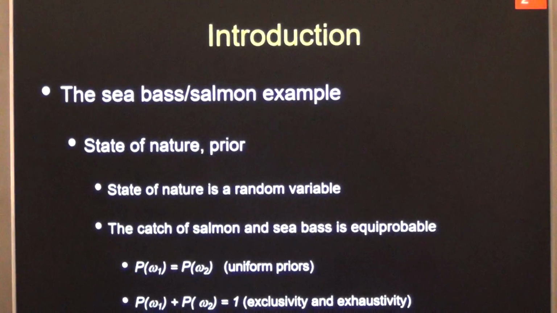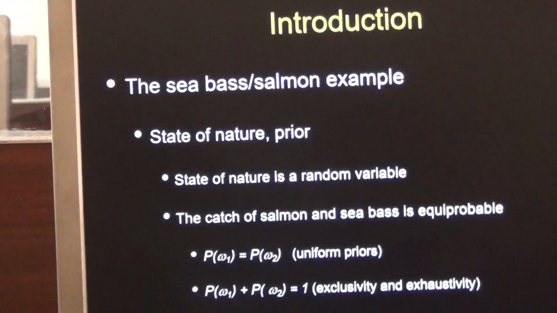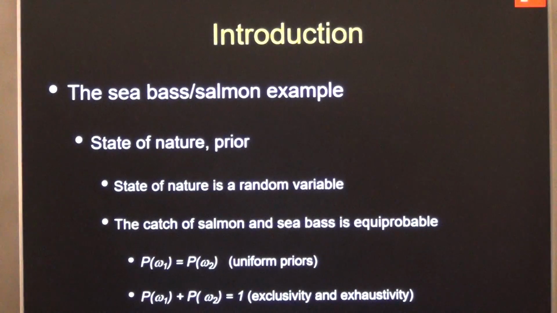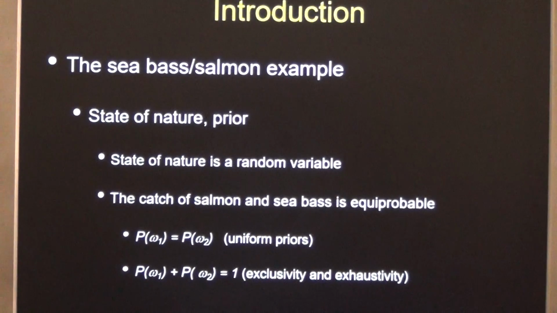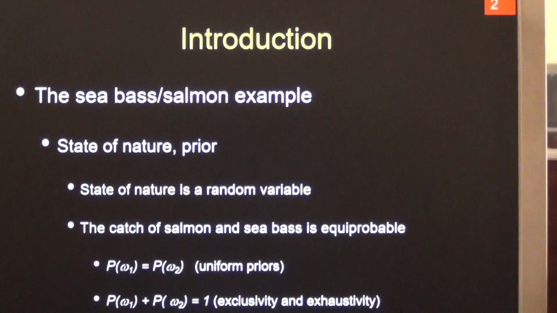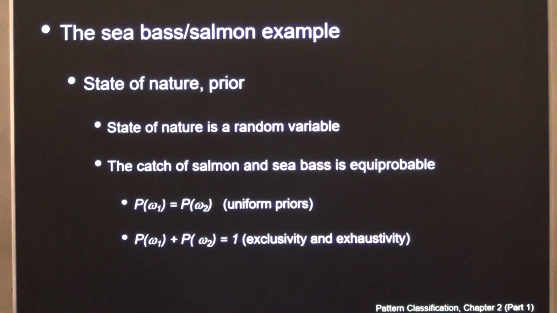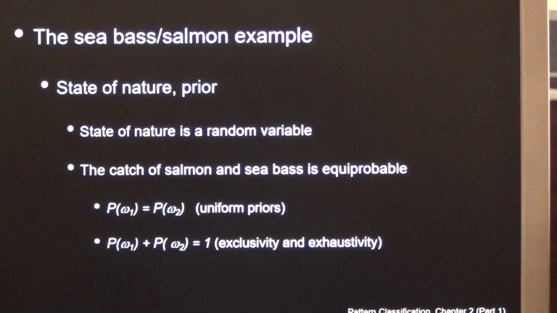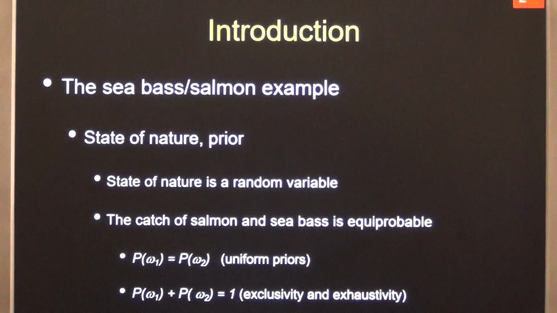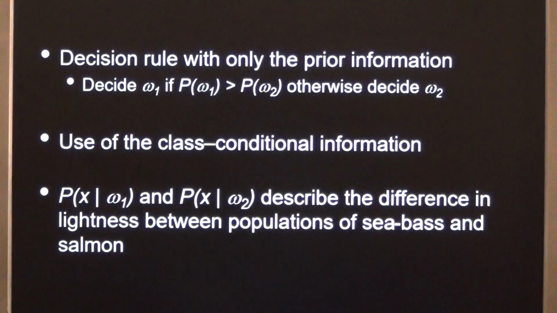So P(w1) equals P(w2). This is a uniform prior, and the summation of P(w1) and P(w2) is equal to 1. That is, exclusively and exhaustively, it must be 1.